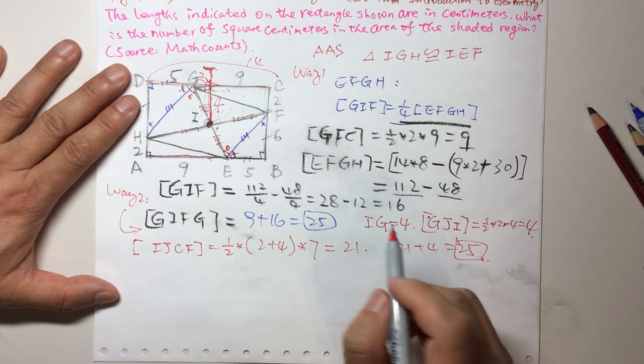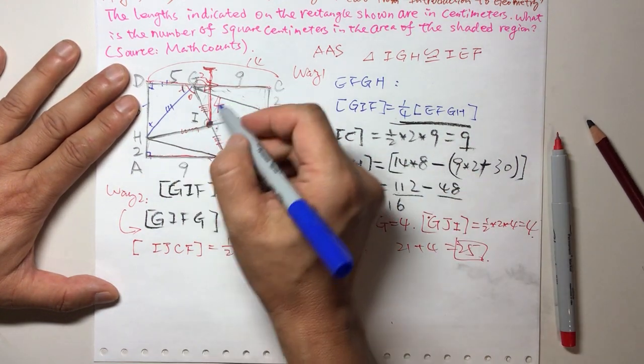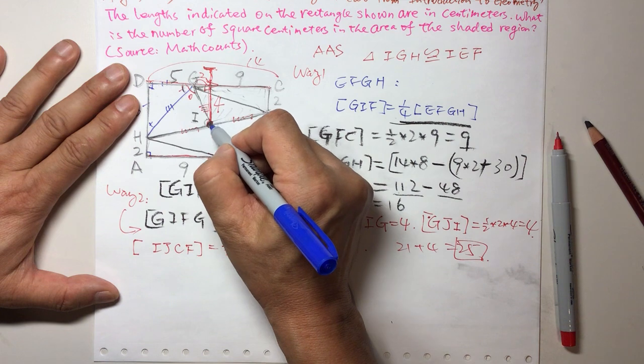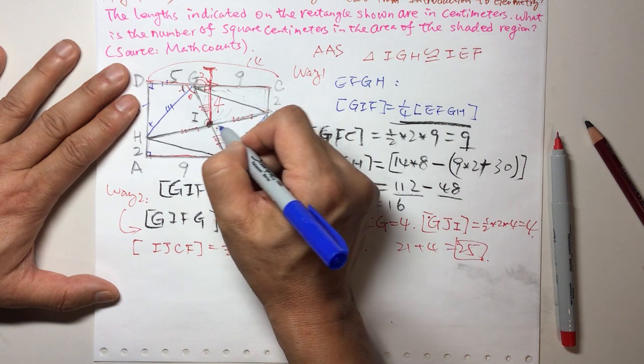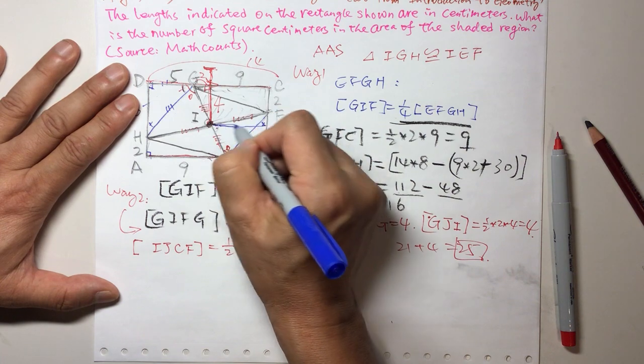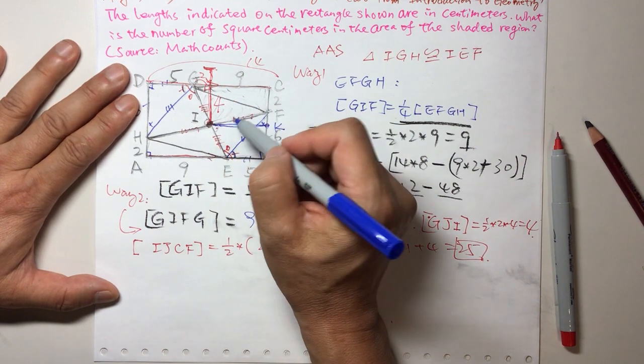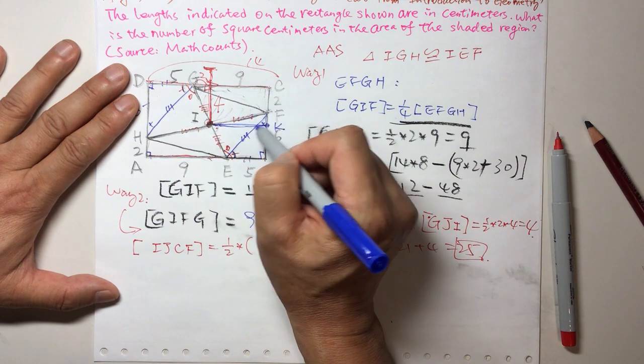This part is V2. And also, if we come here, we can also get this one, right? If this is K, we can easily find the area of this.